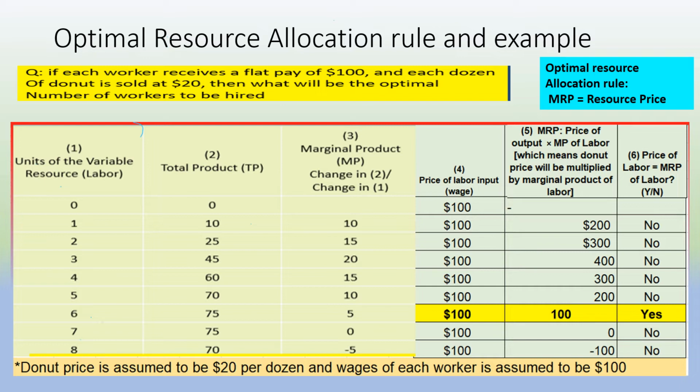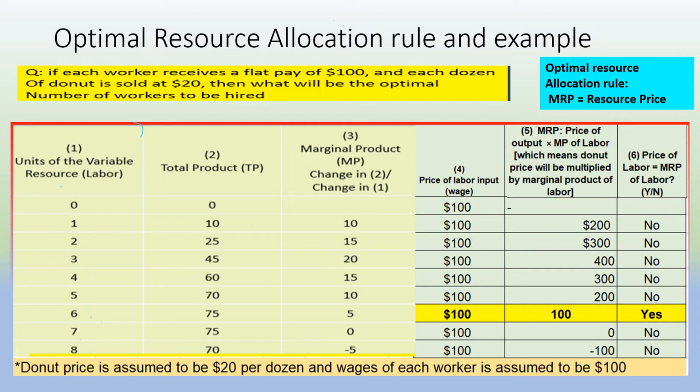So here we see that when there was only one worker hired, marginal product was 10, and therefore MRP out of that first worker was 10 times 20, the donut price. So 10 dozens was marginal product and each dozen was sold at $20. So marginal revenue out of that first worker was $200.